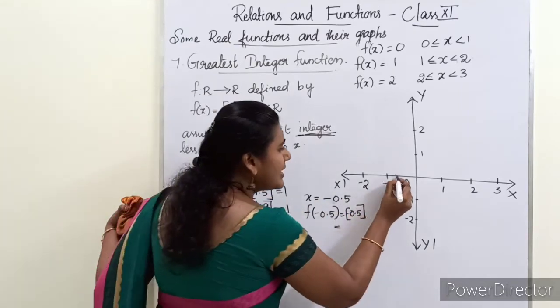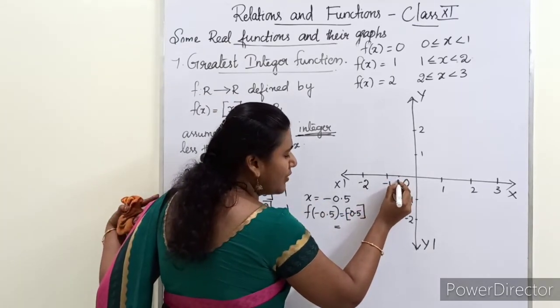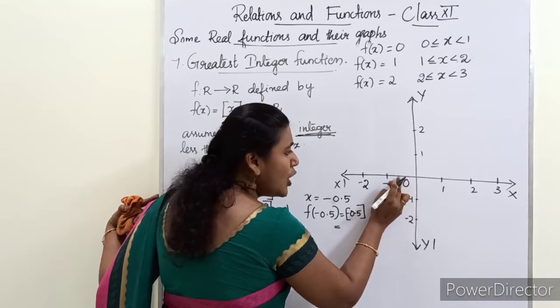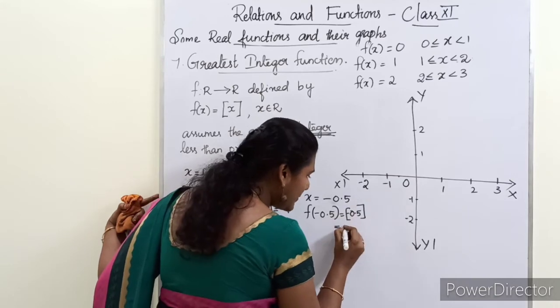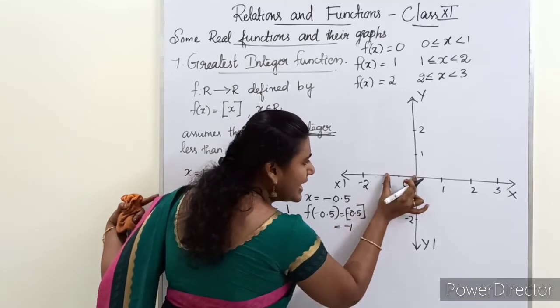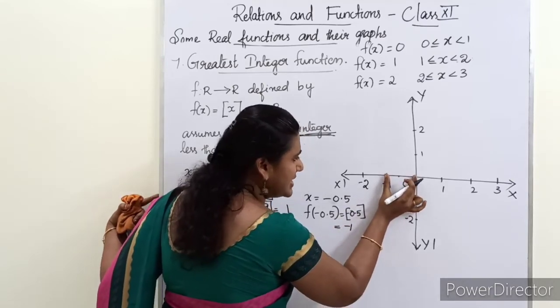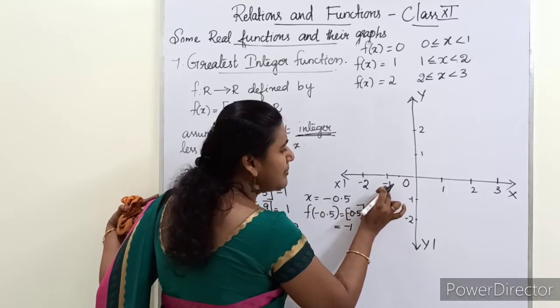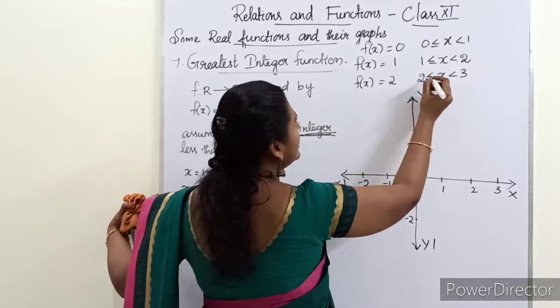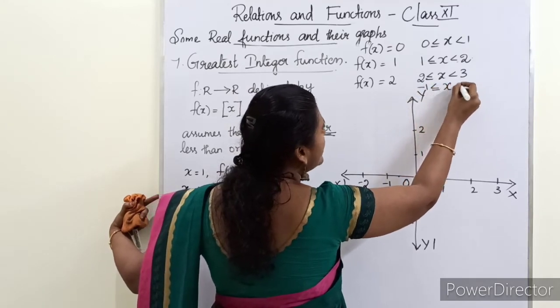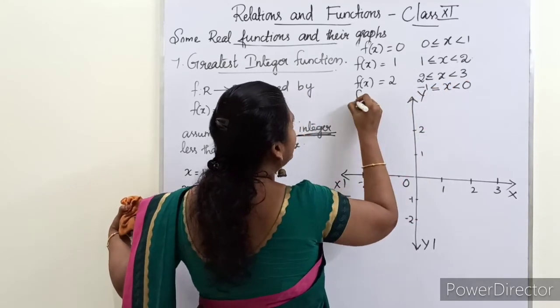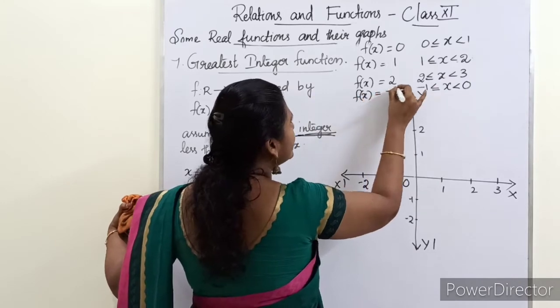What is the integer less than minus 0.5? That is minus 1. So if you take any number in this region, f of x will be minus 1. We can write minus 1 less than or equal to x less than 0, then f of x will be minus 1.